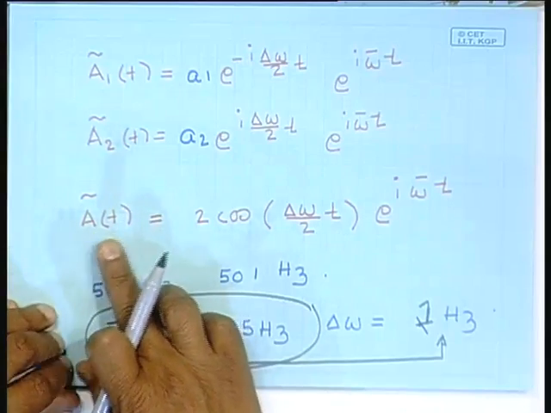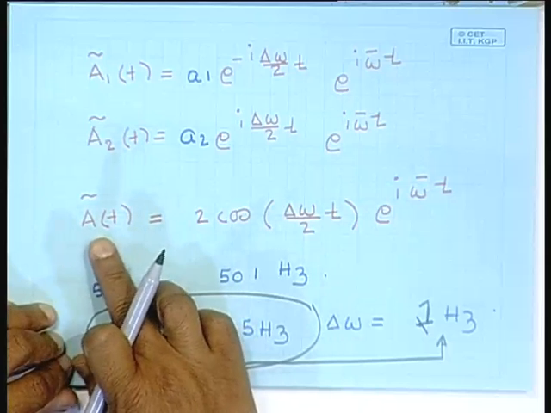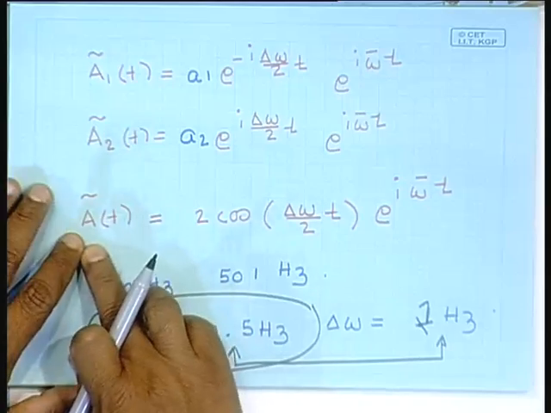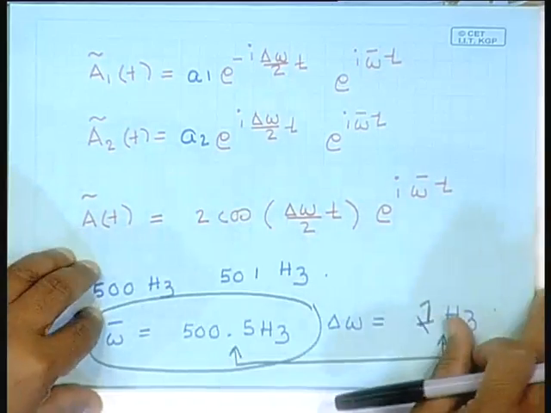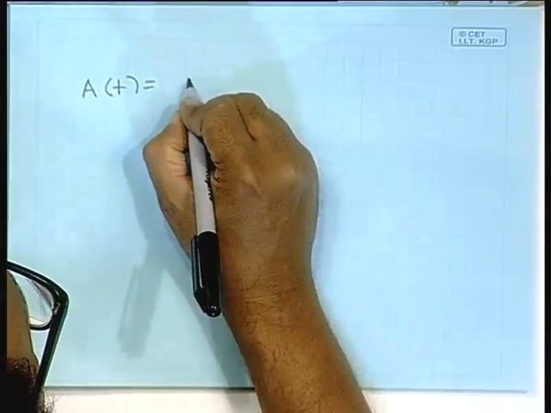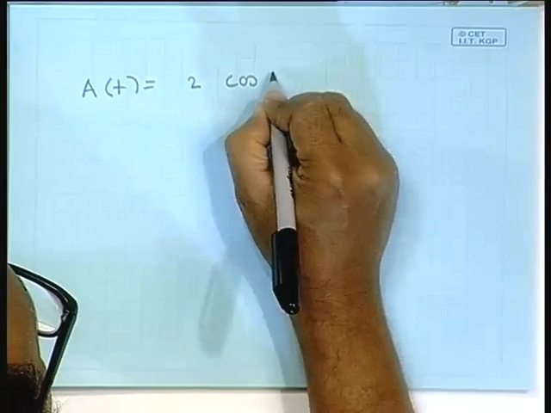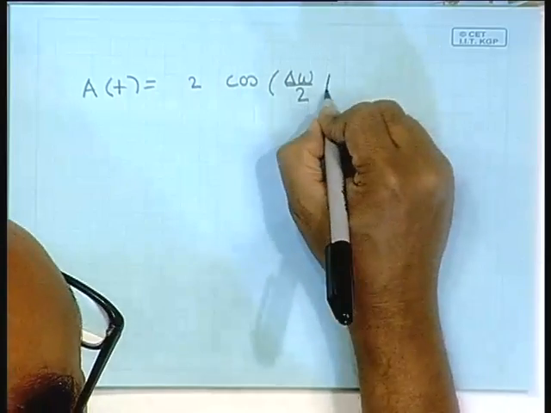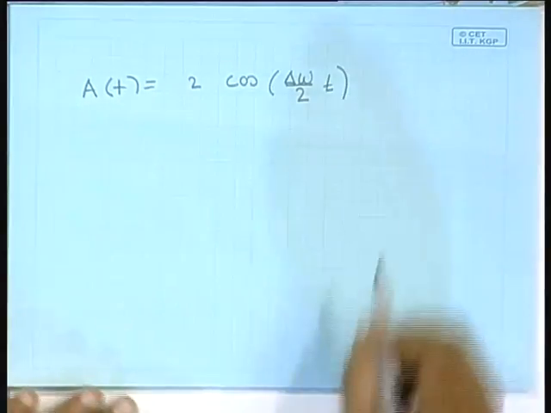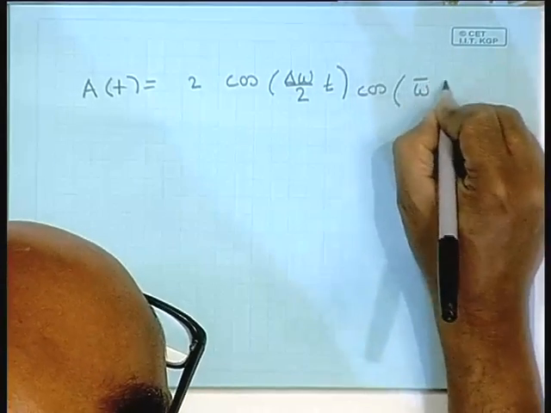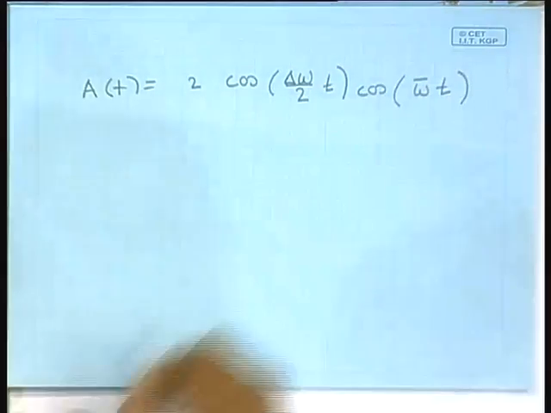The quantity that you really measure is the real part of this expression, which is 2 cos(delta omega by 2 t) into cos(omega bar t).